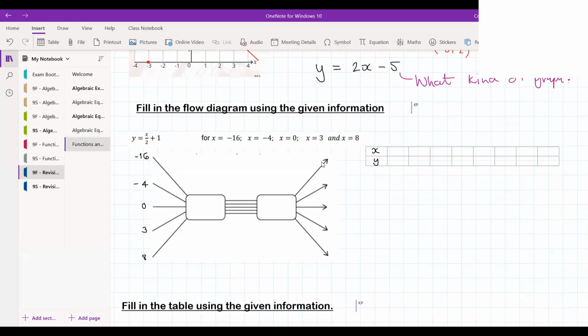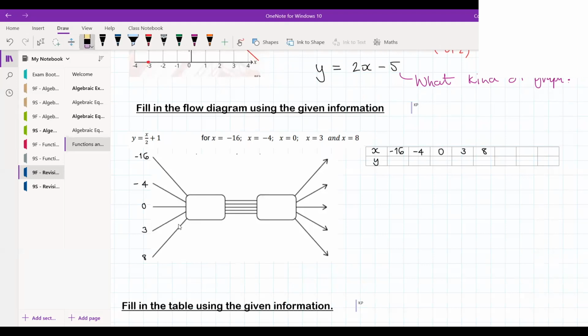And I would then put -16, -4, 0, 3, and 8. I'm actually going to change this 3 to a 4, just to make our lives a little bit easier. And you guys will see that it's going to give us the exact same relationship that we're looking for.